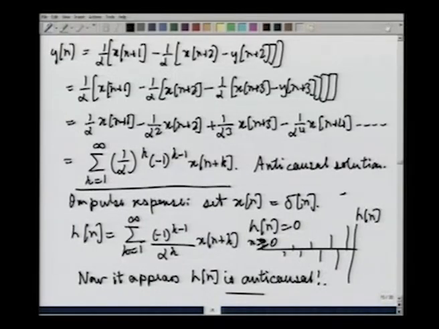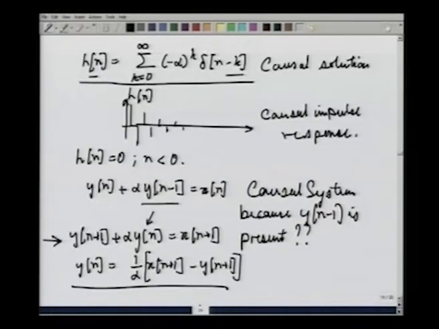Fine. Now, for that causal solution or for that anti-causal solution, you have Hn. Sorry, here it should not be x, it should be delta. There is a mistake in my previous slide over here. This should be delta over here, and likewise let us go to the previous one and see what we have done. Hn equals this, yeah, this is okay.